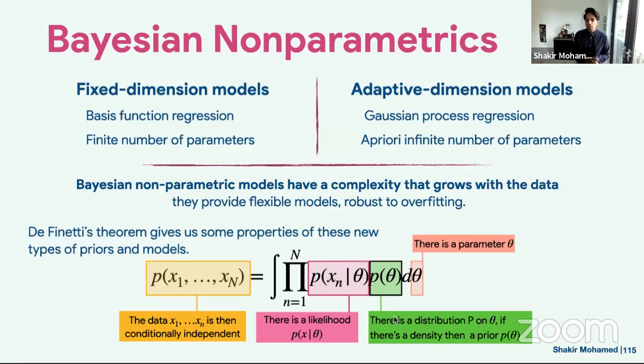And again, we come to this point of Bayesian non-parametric models by going back to the very first slide that I showed around De Finetti's theorem. When I introduced De Finetti's theorem, I said De Finetti's theorem says that there is a prior distribution with a parameter theta. But it didn't say what the dimension of that theta is. And when I began explaining Bayes' rule, I said, let's assume it has a density and that there is a finite dimension.